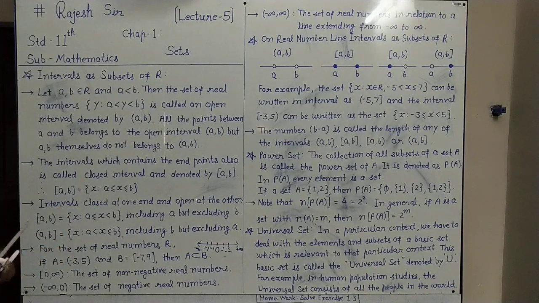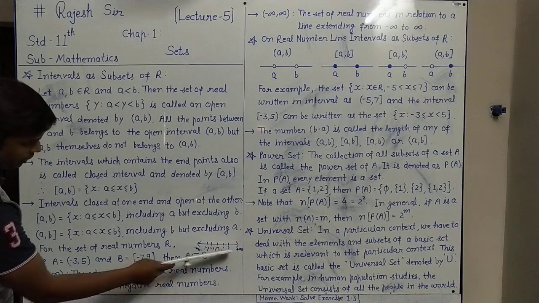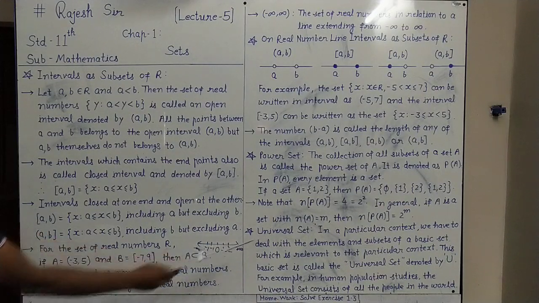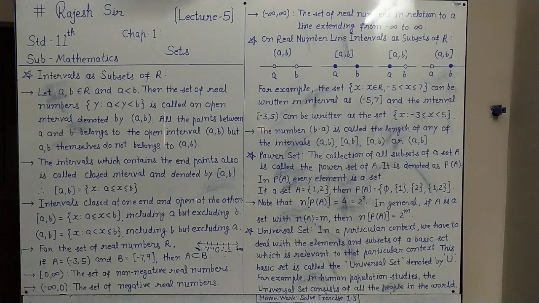So here the closed interval 0 to infinity is all the non-negative real numbers. Therefore this interval denotes the set of all non-negative real numbers on the right side of 0, including 0.